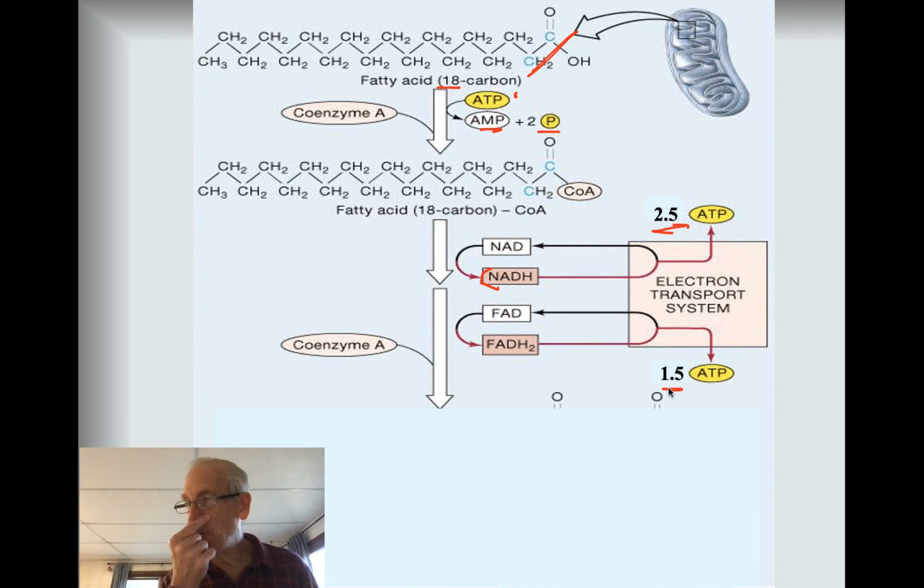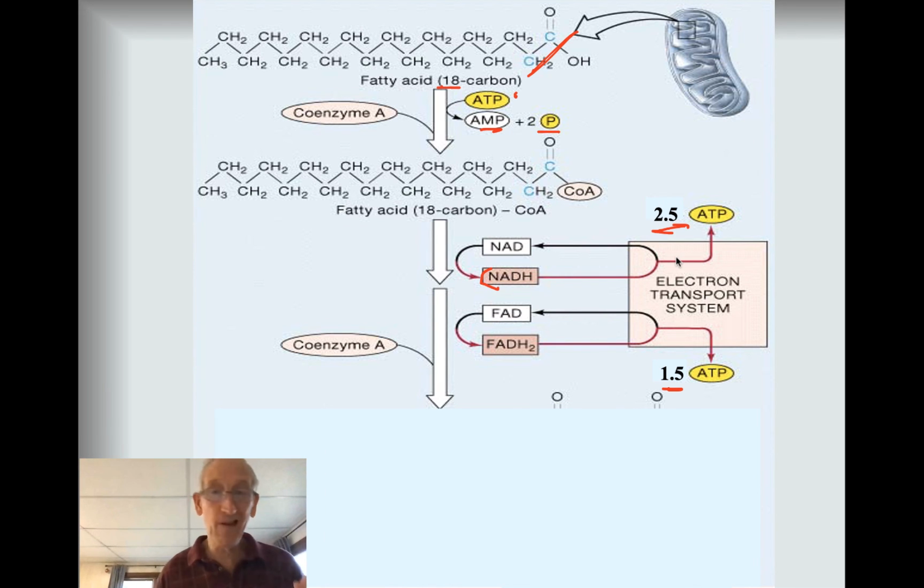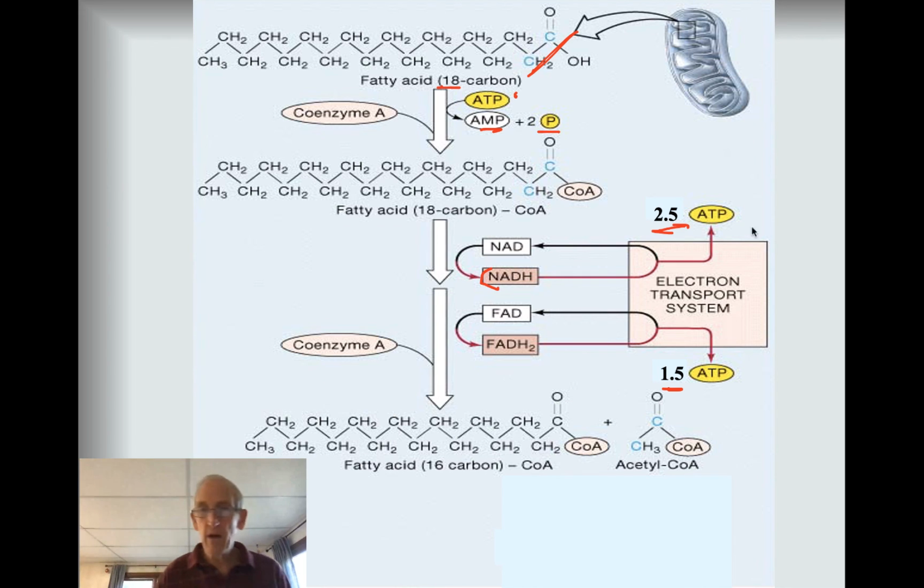We only pump across enough protons to power resynthesis of 1.5 ATP. So if we oxidized an NADH and an FADH2, well, look, that would be enough protons for 4 ATP. There you go. And then again, this gets cleaved and it becomes acetyl-CoA, and it goes to the Krebs cycle.